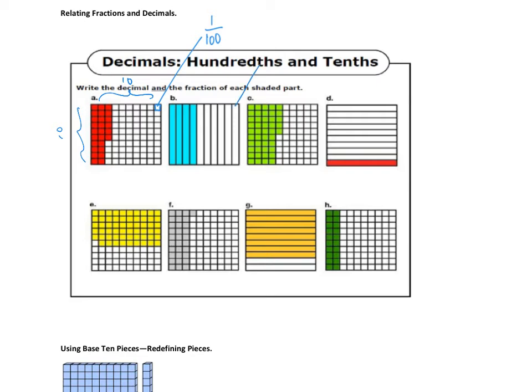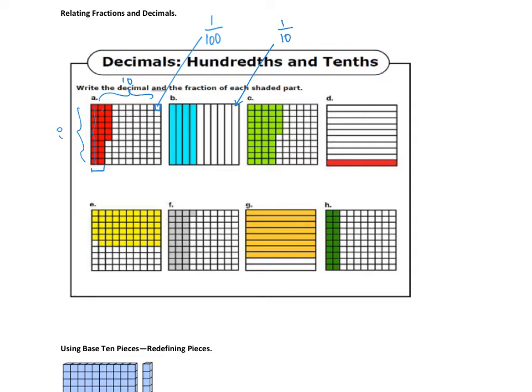Now when we look at it broken up this way, that big long tall column, that's going to be a 10th. And again, that should make sense because we have 10 pieces breaking up our whole. So when we want to write the decimal and the fraction for each shaded part, let's start by writing the fraction. So if we look at the number of red spaces filled in, we have 2 10s here really, right?